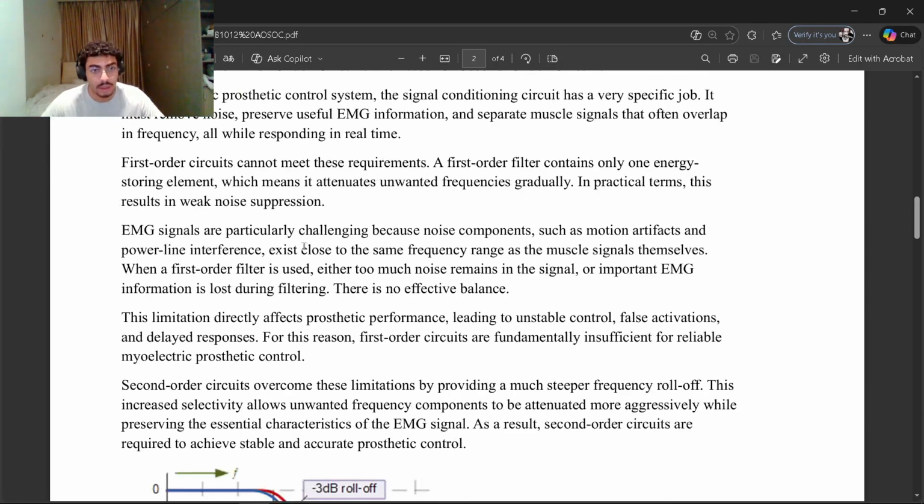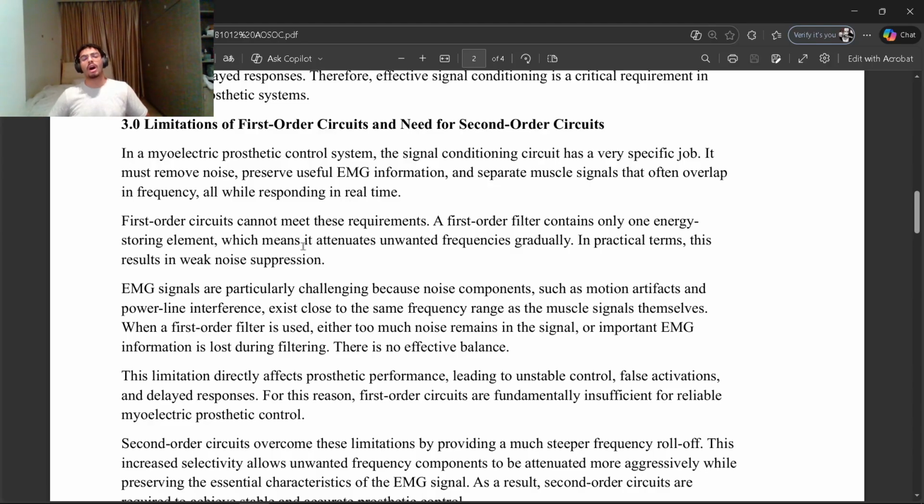So this brings me to why first order circuits are not suitable for this type of system or biomedical device. In the myoelectric prosthetic control system, we have to get the signals conditioned very correctly.